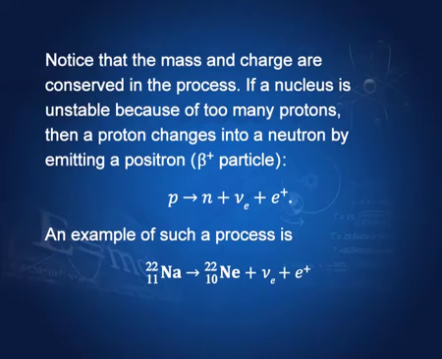For example, sometimes if the energy allows this, that is we have beta particles, say positrons, which have high energy, then the proton can break into a neutron, a neutrino and a positron. You can see this is 1 unit of charge, this is 1 unit of charge, and the mass is conserved.